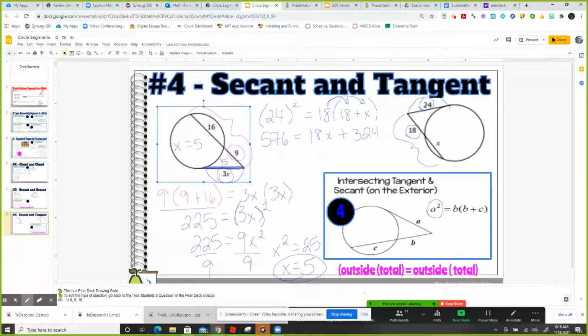I want to get the x by itself. So I want to subtract the 324. I'm running out of room because I write too big. 576 minus 324 is 252. So 18x equals 252. And then we divide 252 by 18. And what does x equal?